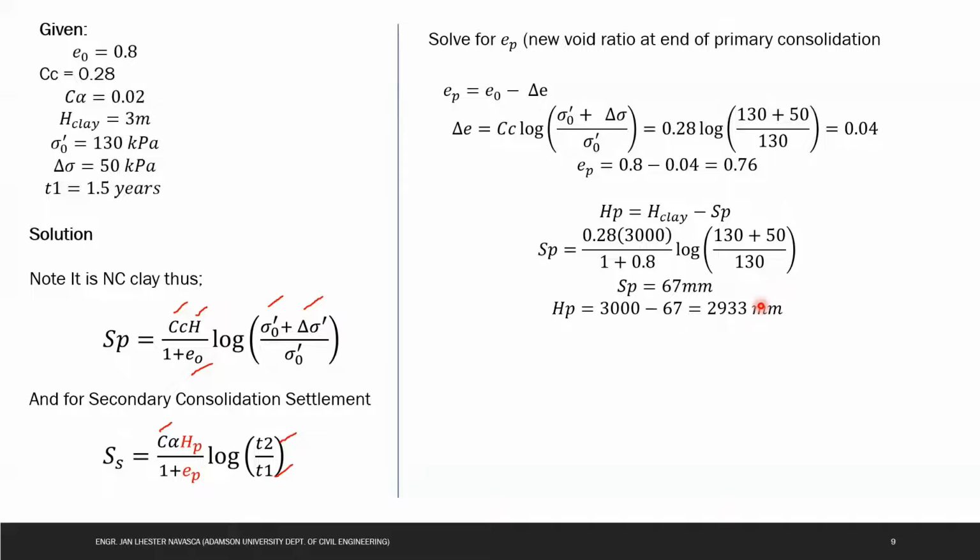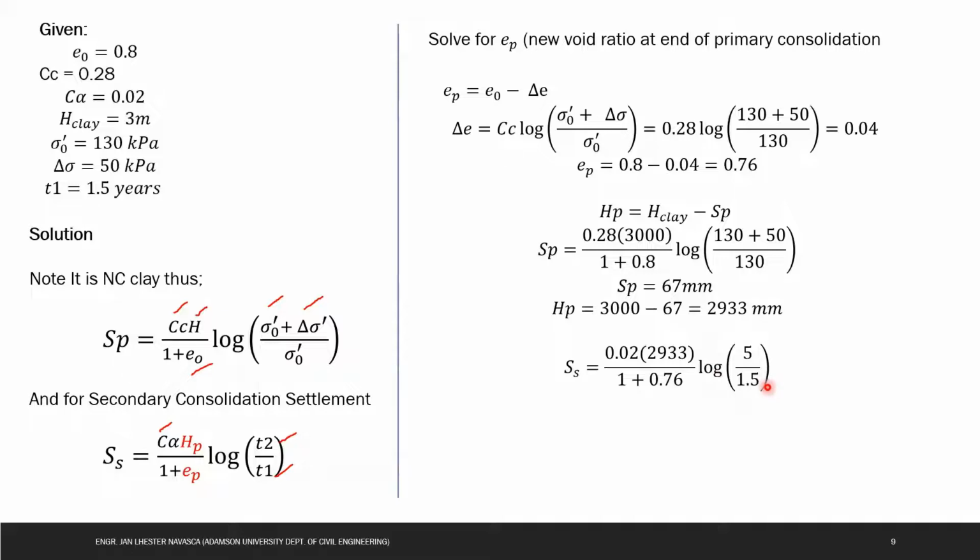So applying the secondary consolidation settlement formula, we can now solve for S sub S. S sub S equals 0.02 multiplied by 2,933 millimeters over 1 plus E sub P, the new void ratio after the primary consolidation, multiplied by the logarithm of the time you want to find the answer for, that is 5 years, over the time it takes for one complete primary consolidation, that is 1.5.